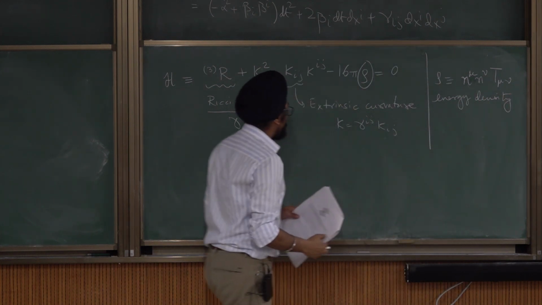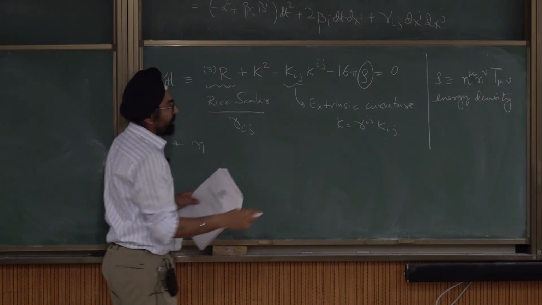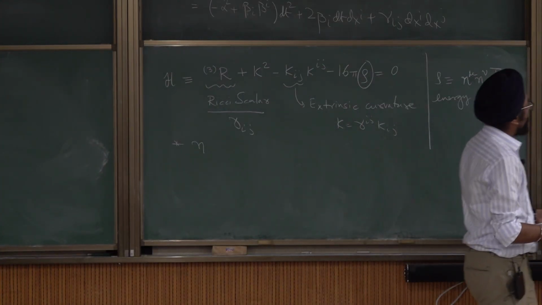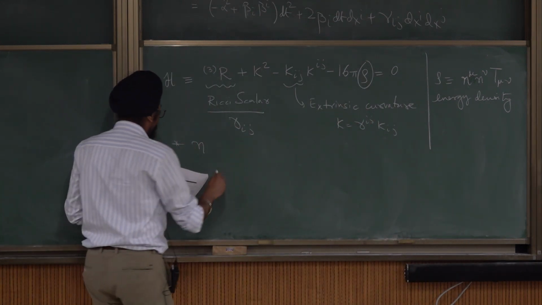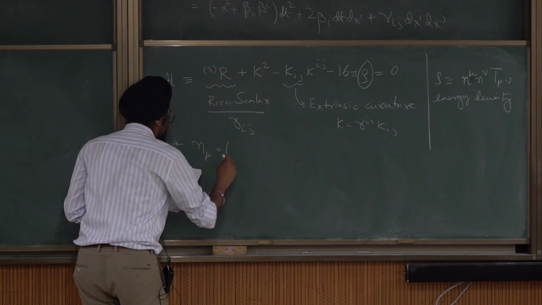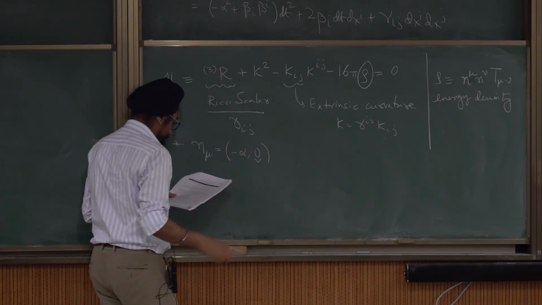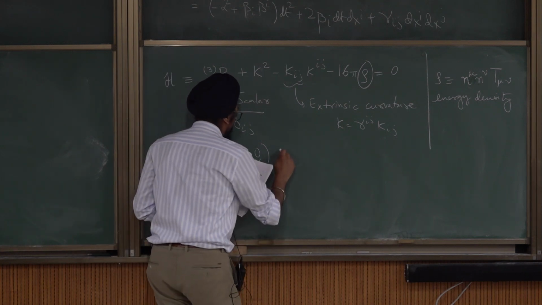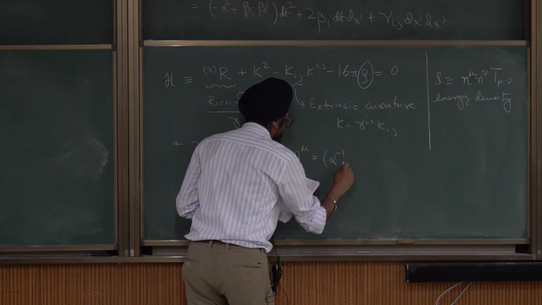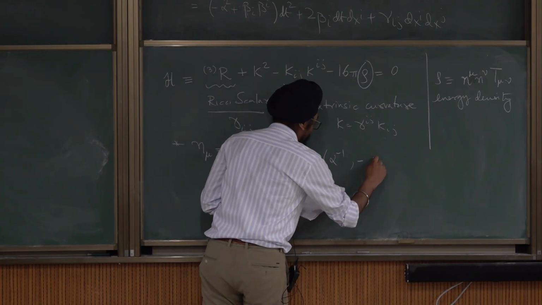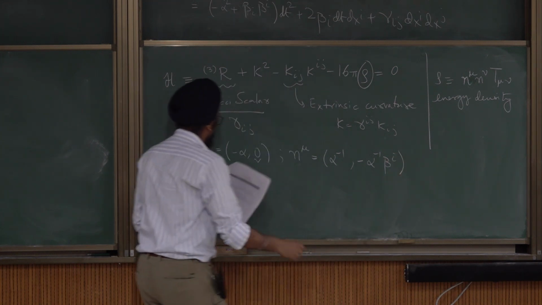So where are you getting these n's from? The n's are essentially the unit normal vectors to the time coordinate, which are doing the time evolution. So n_μ is just a time-like vector, (−α, 0), and you can find n^μ is (α⁻¹, −α⁻¹ β^i).